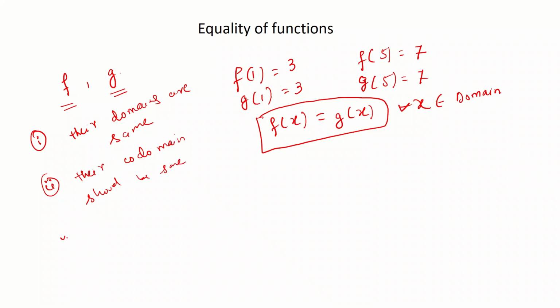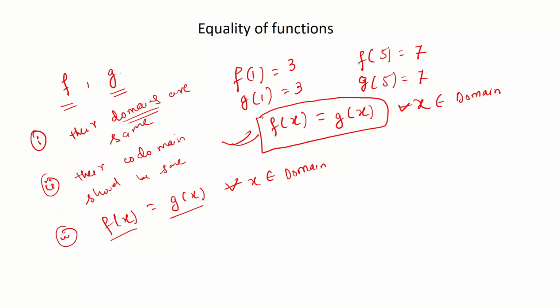And third condition is that this must hold, f(x) equal to g(x) for all x belonging to the domain, whatever is the domain, it should be common to them. So whatever x you take from that domain, f(x) is equal to g(x). That means the images under both f and g are equal.